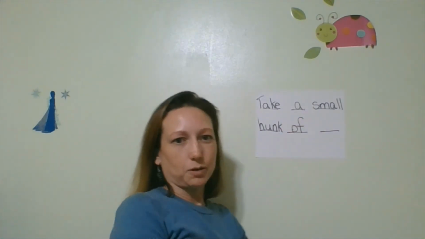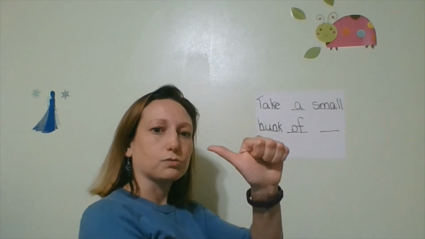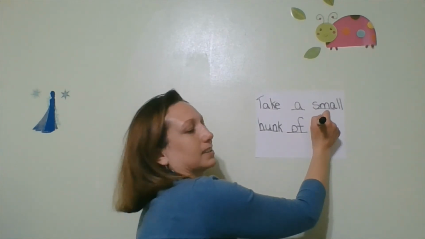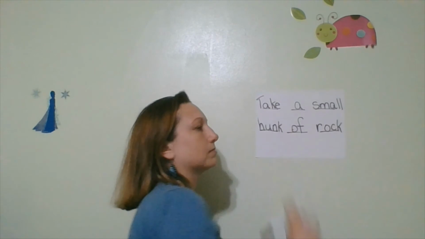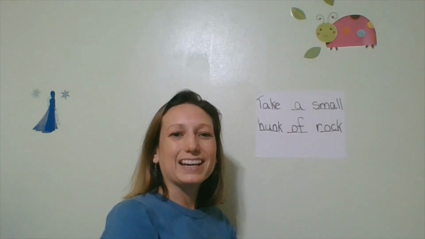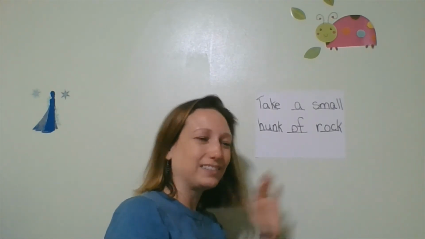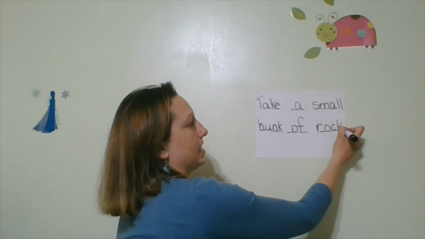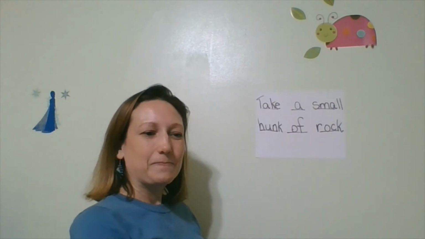That should be a sight word by now. Take a small hunk of rock. How do you spell rock? R-O-C-K. Because what sound did our O make? It said ah, short vowel. So we're using CK afterwards. And then, of course, I need a period at the end of my sentence.